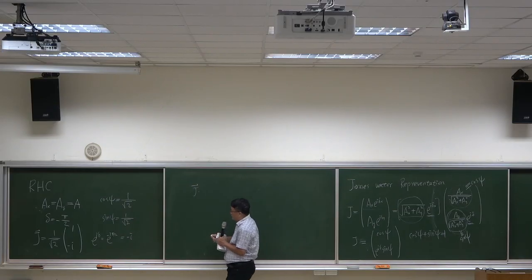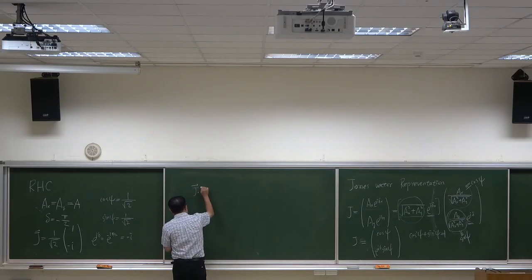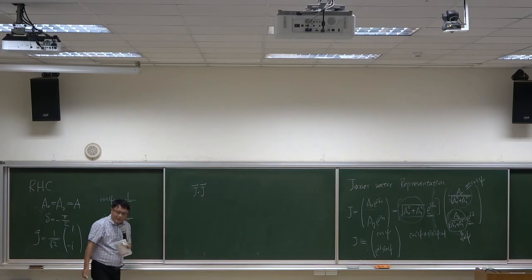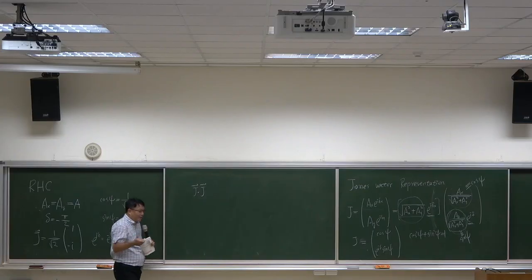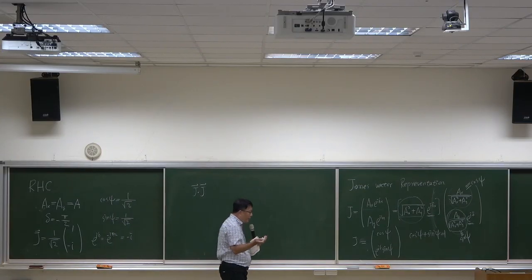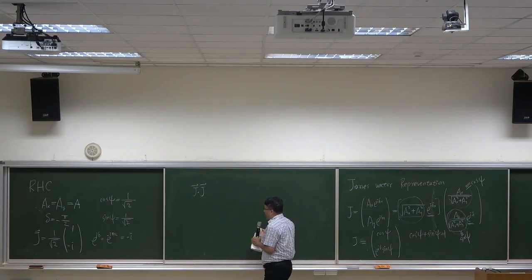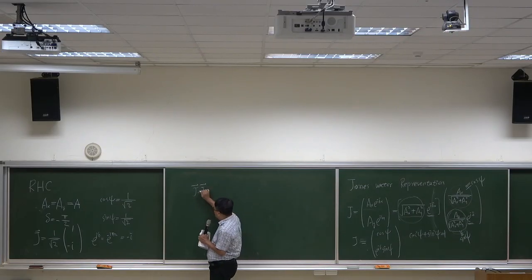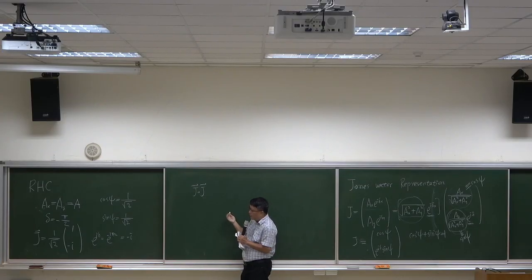For example, if you calculate J dot J, we know that for a vector, the vector square is defined as the scalar product with itself.